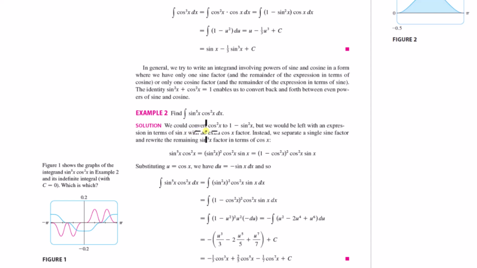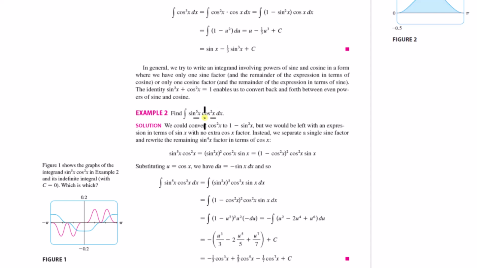It says we could convert cosine squared to 1 minus sine squared, but then we have an expression in terms of sine x with no extra cosine factor that would allow us to do the substitution. So what they do is take the odd power of sine and take out a sine x, so you have a sine x dx.